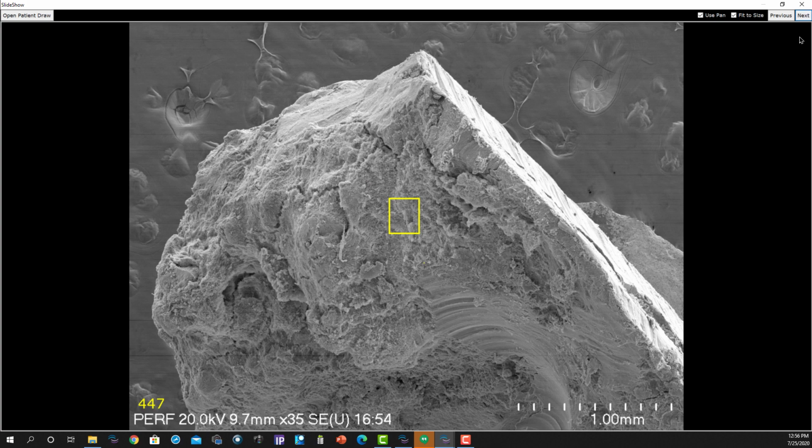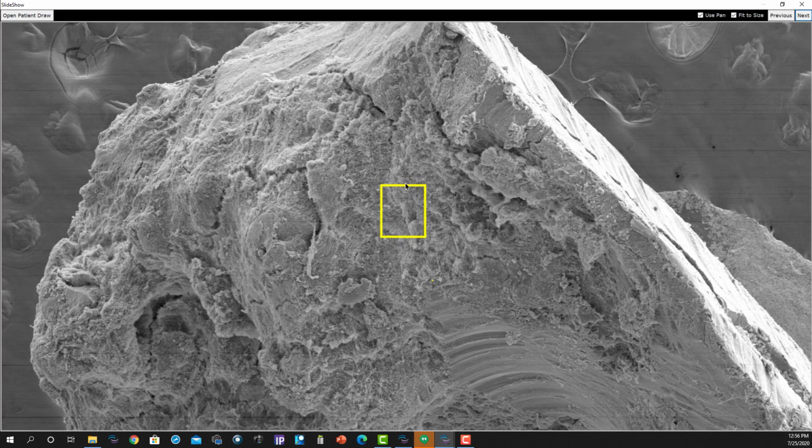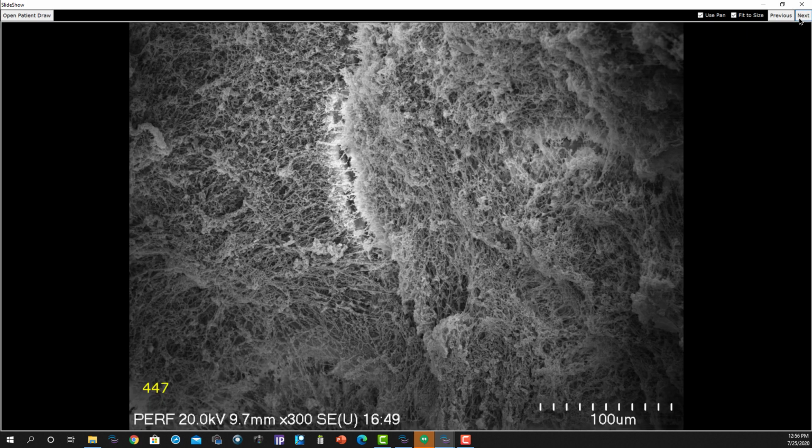So this is looking at the external root surface of the tooth. This is that root gnar that looked like it was all over the lateral aspect of the root. We're going to look into this area and just see what we find.